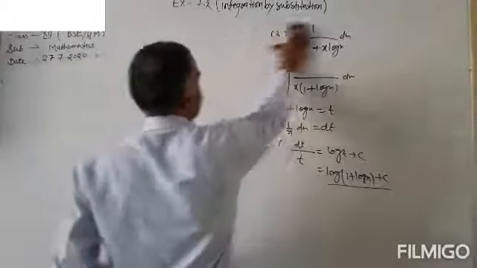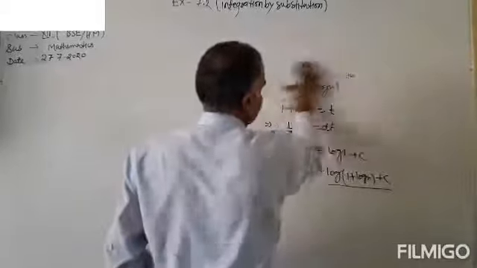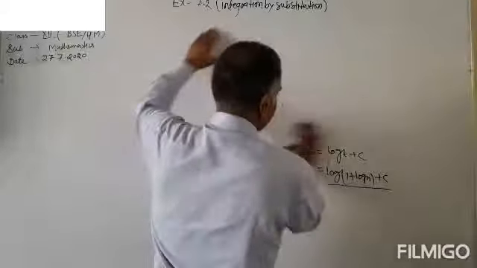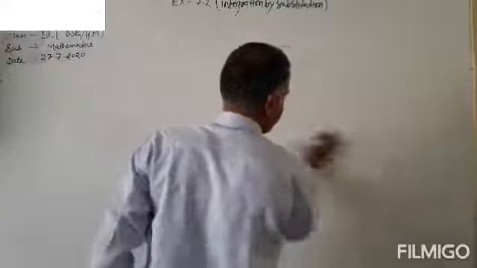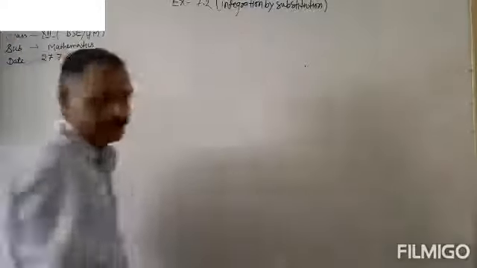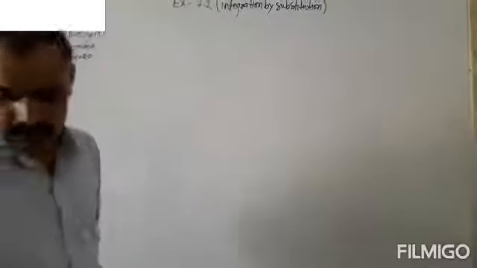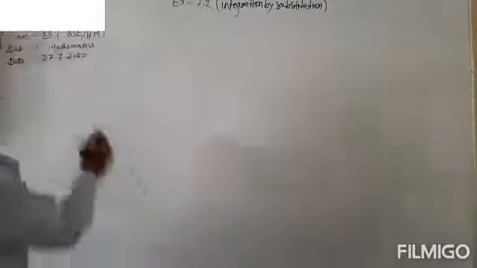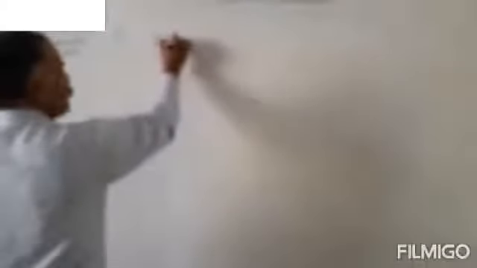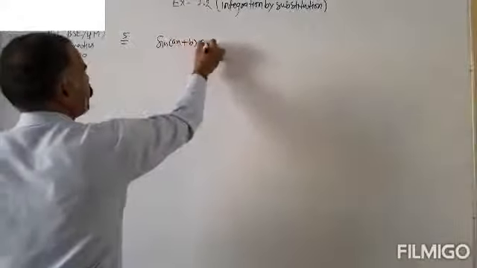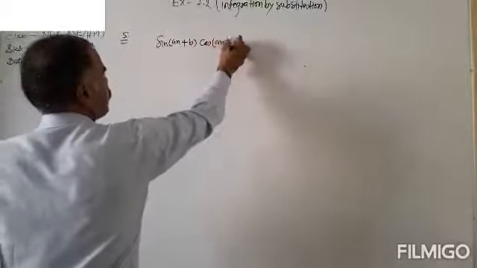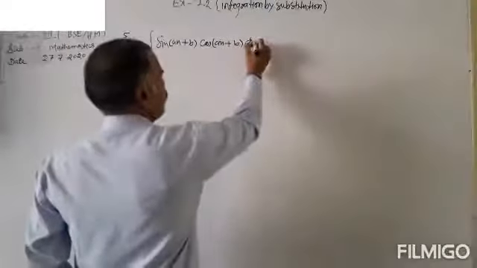Now let us take another question of the same exercise, 7.2. Let us take question number 5. Question number 5 is to integrate the function sin(ax plus b) cos(ax plus b) dx.